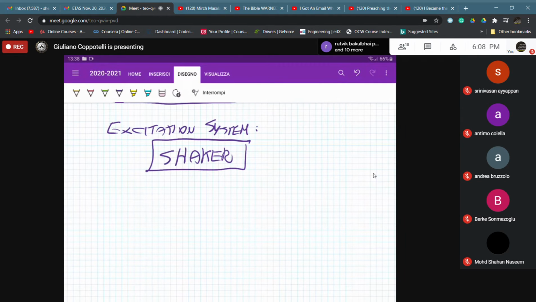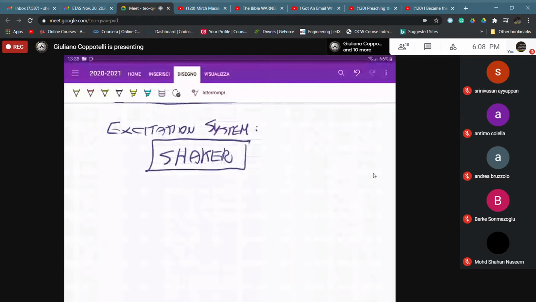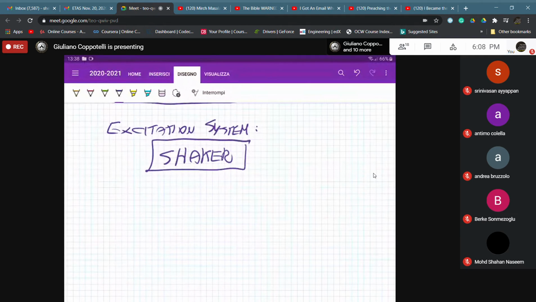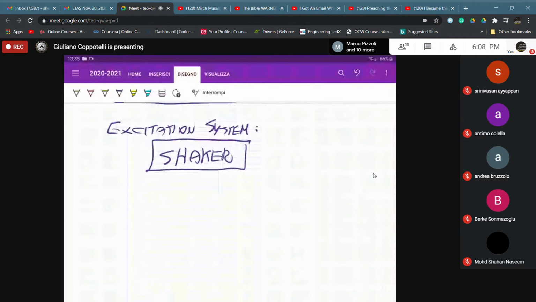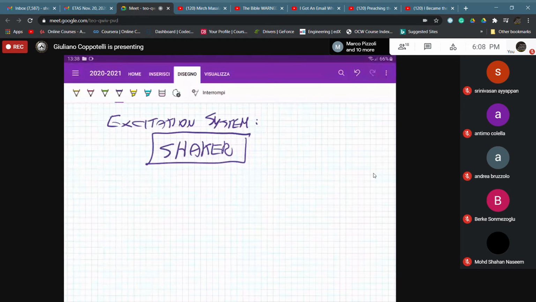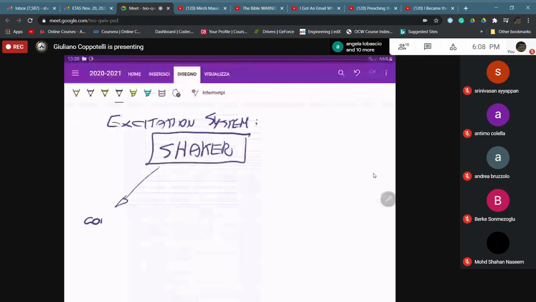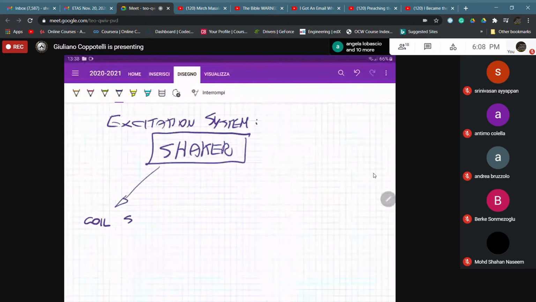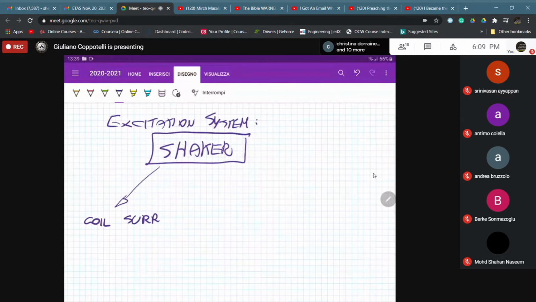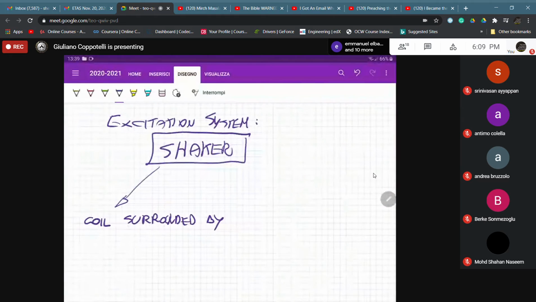And this rod, of course, is connected to the structure in a way that we can transfer the energy, with the shape that we are giving with the signal analyzer, to the structure. Okay, so the shaker is first a coil surrounded by a movable rod.